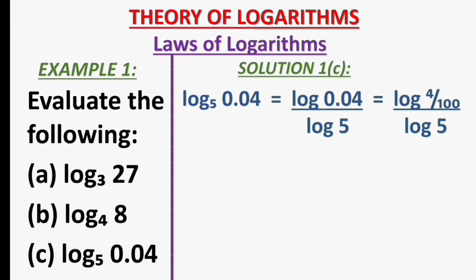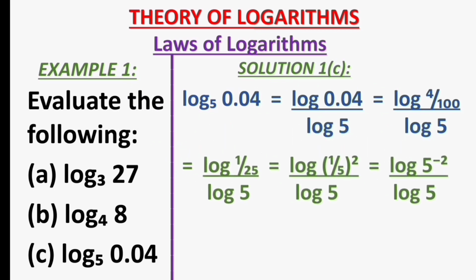Here is the solution to question 1c, where in changing the base of the logarithm, the logarithm to the base 5 of 0.04 is equal to the logarithm of 0.04 divided by the logarithm of 5. Changing 0.04 from decimal to a fraction, we have 4 divided by 100.